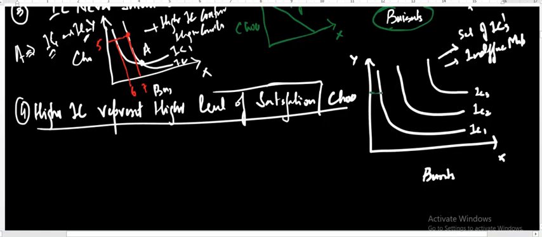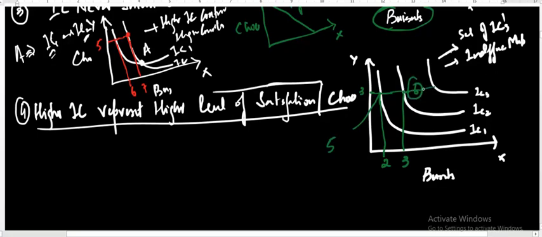Now let us consider a case here. Say it contains 3 units of chocolates and 2 units of biscuits. At the same time, the higher indifference curve 2 contains 3 units of chocolates, but it contains 3 units of biscuits. So over here the total commodities are 5, and in this the total commodities are 6.